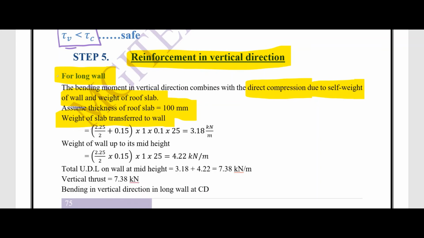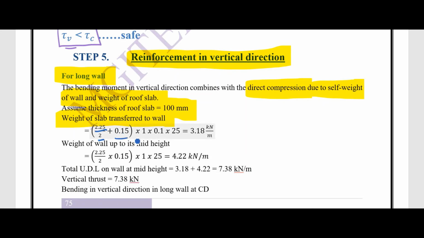So 2.25 divided by 2, where 2.25 is the width of slab. Divide by 2 means half. We assume a one-way slab. So 0.50 is the extra length for the covering of the wall.